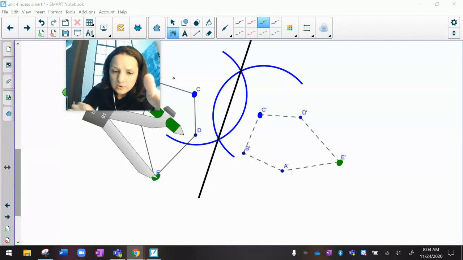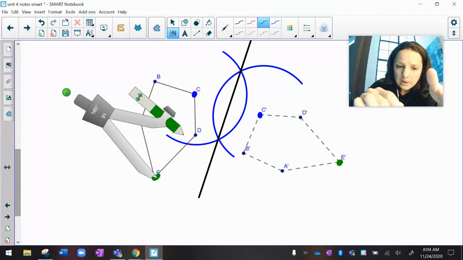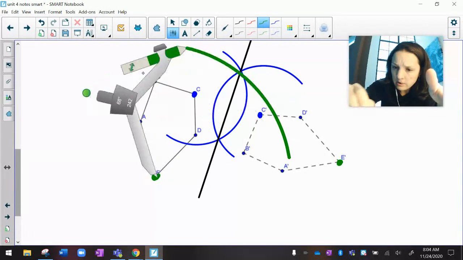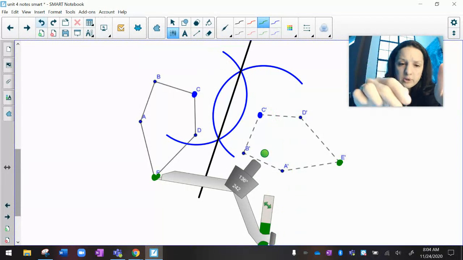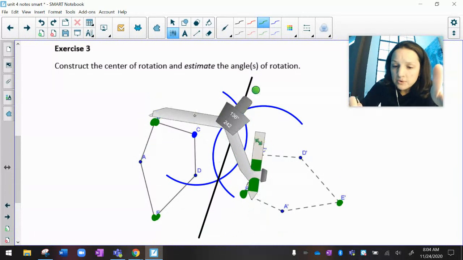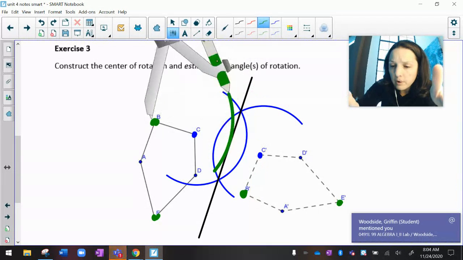Let's see, so I need to be more, nope, my face is in the way again. Come on, there we go. Open more than halfway from E to, oh, I'm gonna run out of room. Dang it. You know what, I'm not gonna do E and E prime. Forget I said that, let's do B and B prime, because my compass won't fit between E and E prime. So let's do the perpendicular bisector of B, B prime. There we go. Open more than halfway.